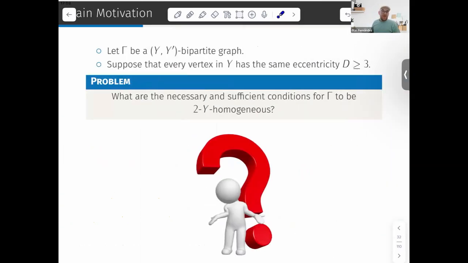Okay, so our main problem, once we understand this definition, is the following. We have a bipartite graph with partitions Y and Y prime. We will assume that every vertex in Y has the same eccentricity, and this eccentricity is greater or equal than 3. And we would like to find necessary and sufficient conditions in our graph so that we have these two-way homogeneous graphs.